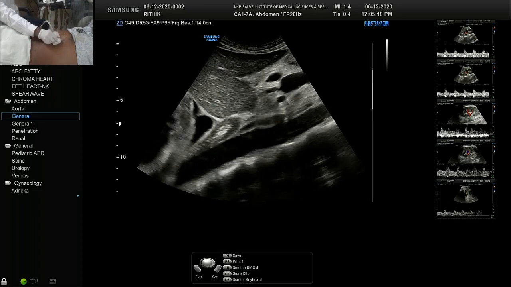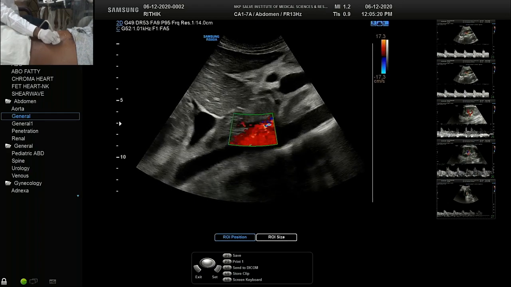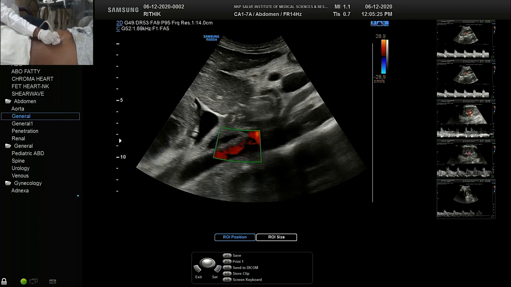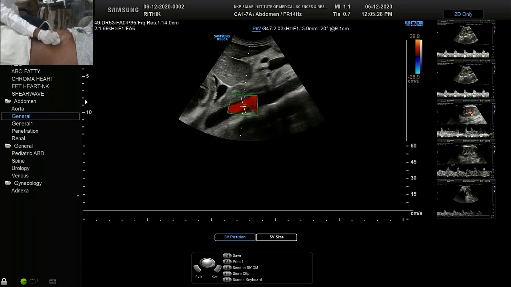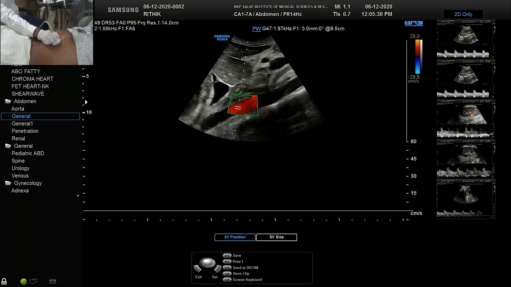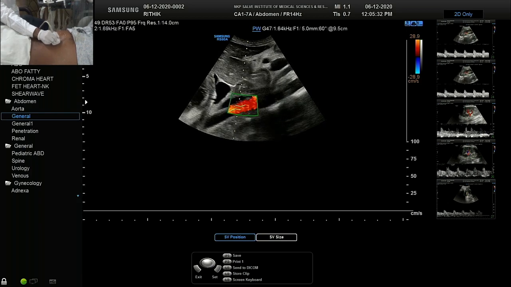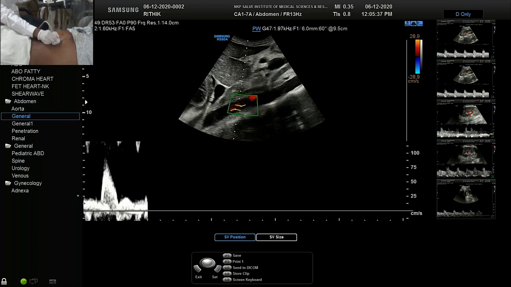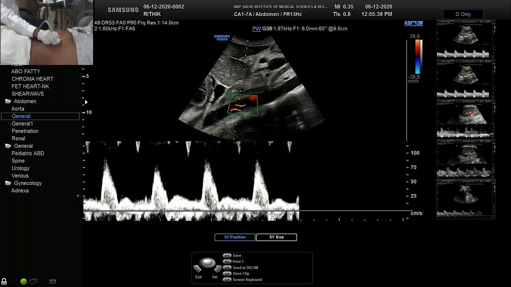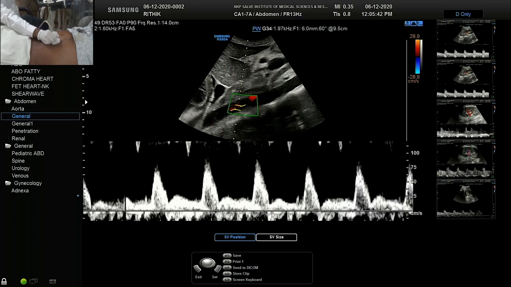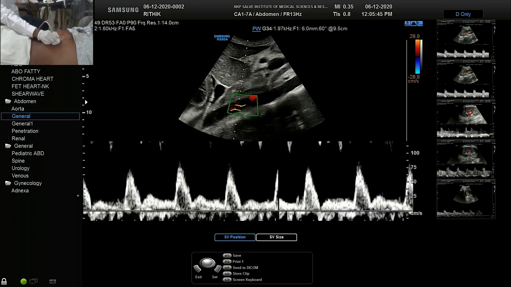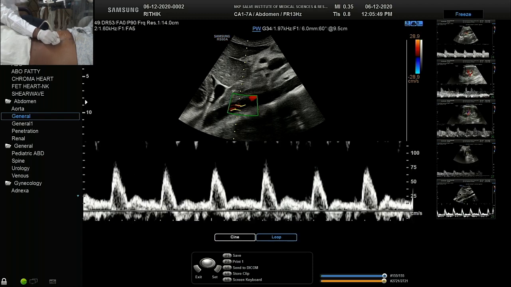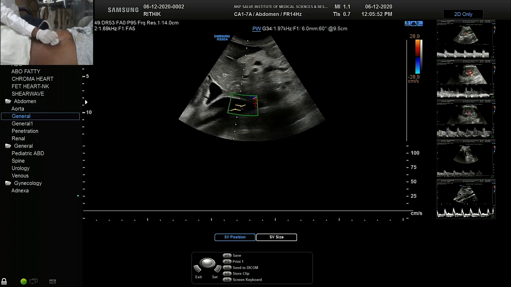So that's the aorta here. Increase the sample volume size. Reduce the spectral gain a little bit to have good flow. See, this aorta in the suprarenal segment shows almost a monophasic flow.